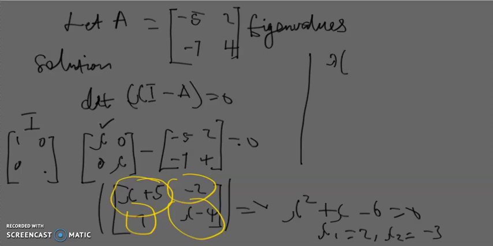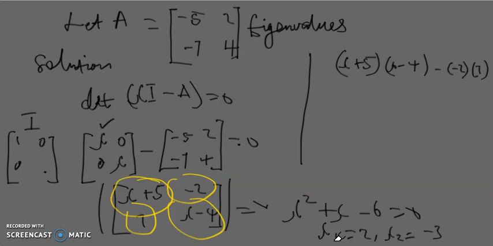In case you don't know how we got these, if you expand the bracket, for instance, you simply have lambda plus 5, multiplied by lambda minus 4, then minus, we have negative 2, so we still have negative 2, multiplied by 7.